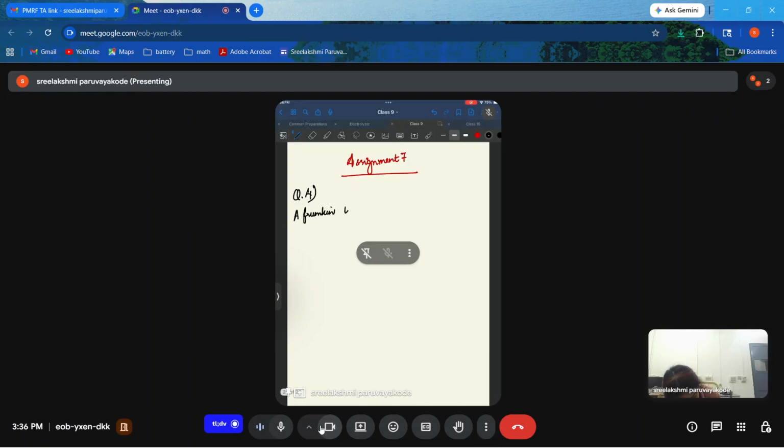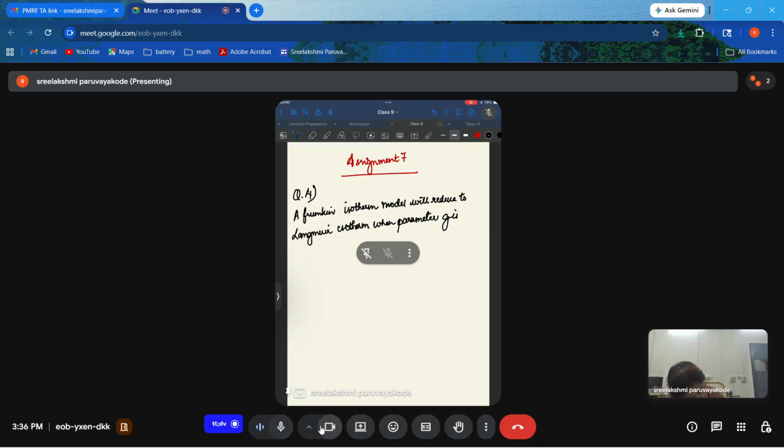A Frumkin isotherm model will reduce to the Langmuir isotherm when the parameter G is.